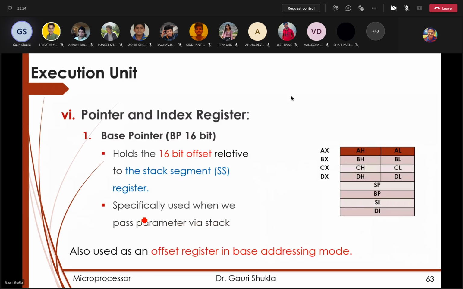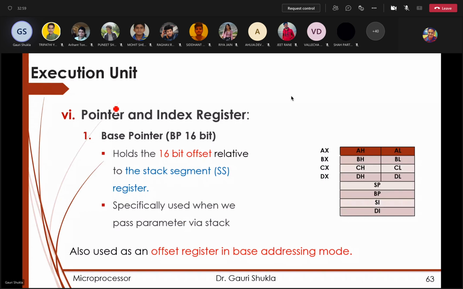So the first one is my base pointer, which is again 16-bit and holds a 16-bit offset related to the stack segment register. It is specifically used when we want to pass a parameter via the stack. It is also used as an offset register in base addressing mode. So BP, the base pointer, is basically used for random access of the stack.